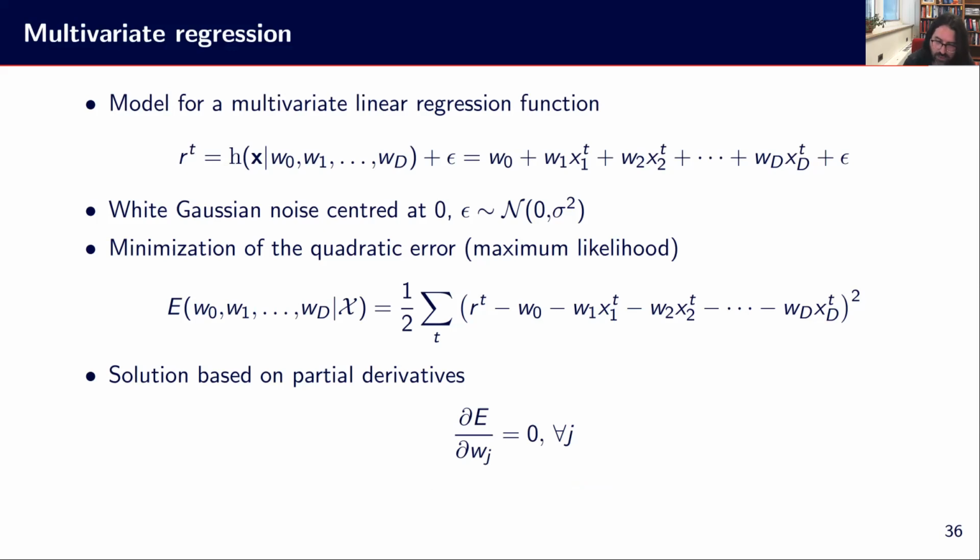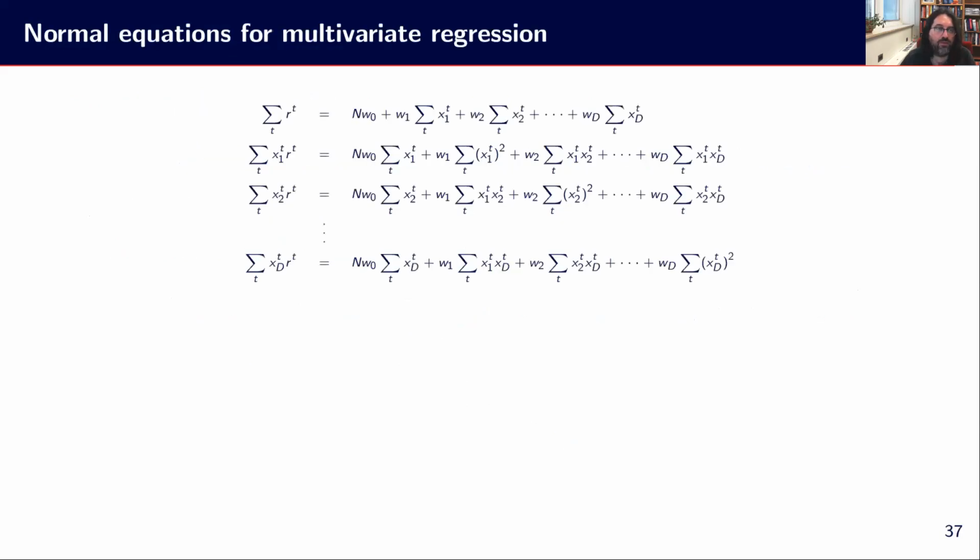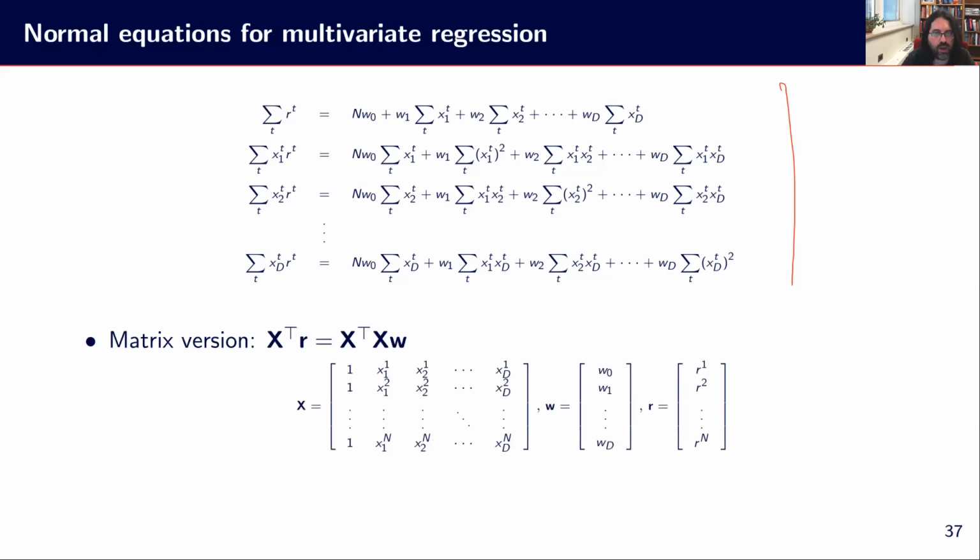We can get into something better by defining what we call the normal equations for multivariate regression. So basically, it's to define this set of equations. It's the same thing, basically based on the partial derivatives. We are able to obtain these equations, and these equations are relatively regular. So from that, we are able to define a matrix version of that.